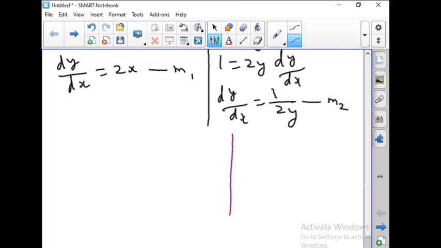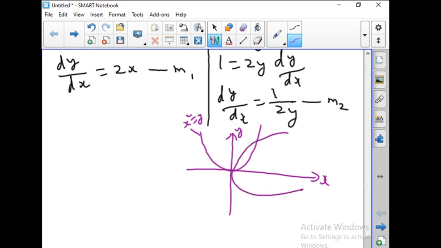You studied this in analytical geometry. x square is equal to y is open upward, so this is the curve x square is equal to y. Then y square is equal to x is the curve which is open rightward. So this is the curve y square is equal to x.